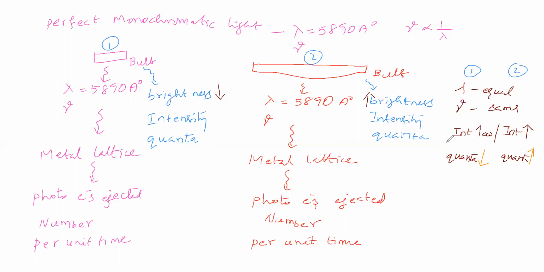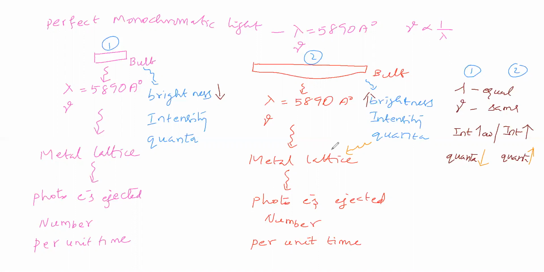Now let us expose this quanta to the metal lattice for the photoelectric effect. The quanta fall on the metal lattice. The metal atom absorbs a quantum, and the free electron in the metal atom comes out as a photoelectron.